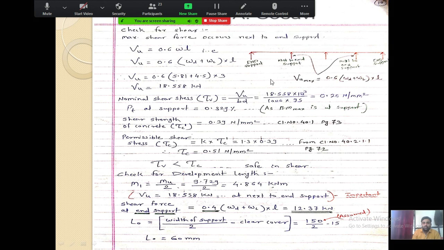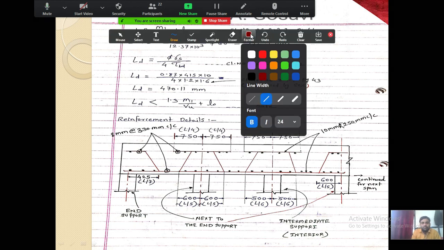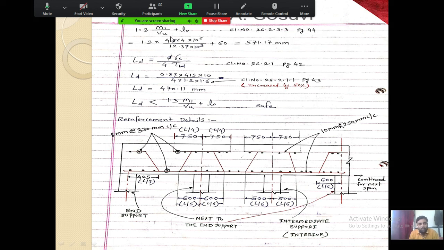So now we move to the next slide. Now just plug in all the values in the formula. So what do we get if we put all the values? 1.3 M1 upon Vu plus L0. 1.3 M1 is 4.86, convert this value into Newton mm, divided by Vu, the shear force which we have calculated, plus 60.